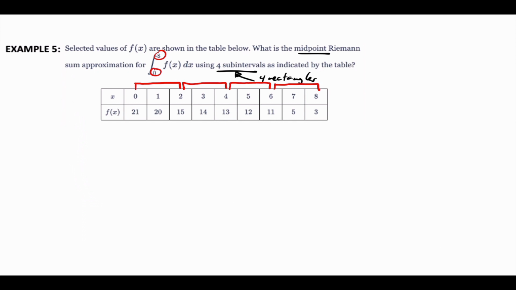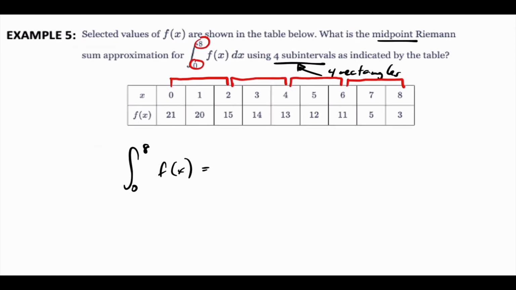Now what I need to do is figure out the area of each of those rectangles. The first rectangle, I'll highlight that in yellow.